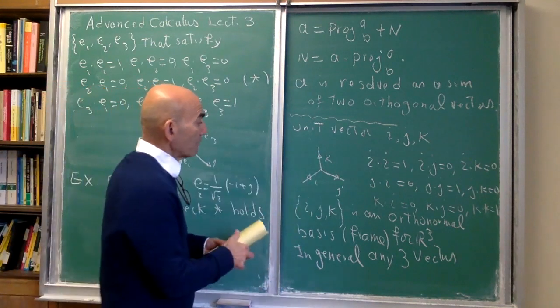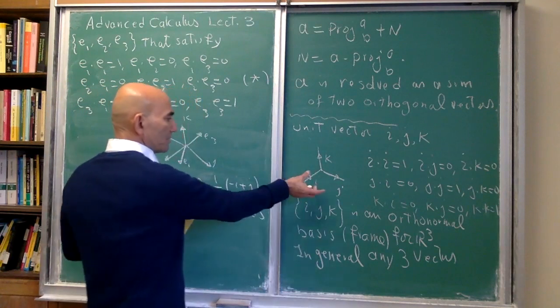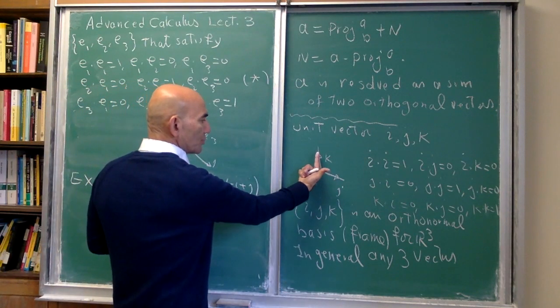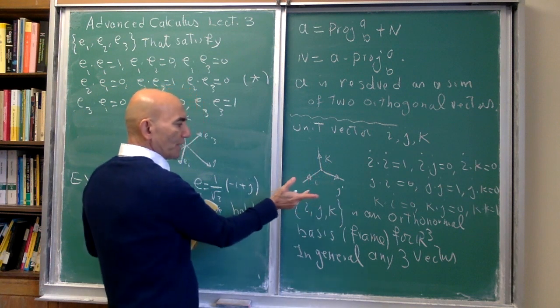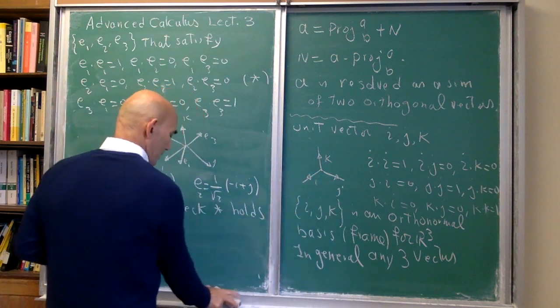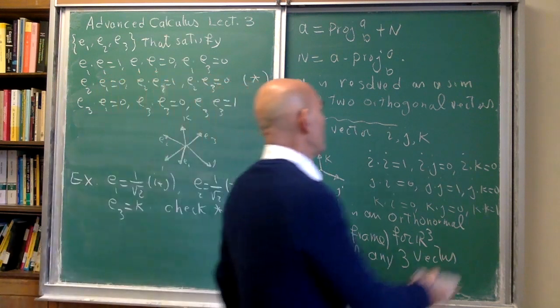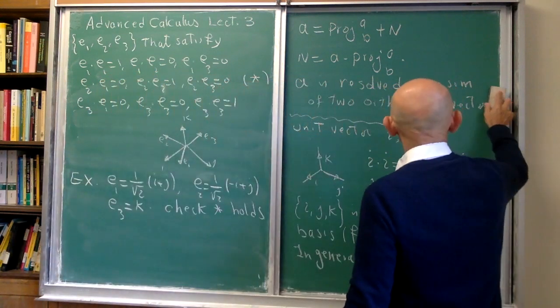The geometry is that we have really rotated ij in the same plane and kept the third vector unchanged. So we have done a rotation in the ij plane, right? Let me draw a picture for you here.